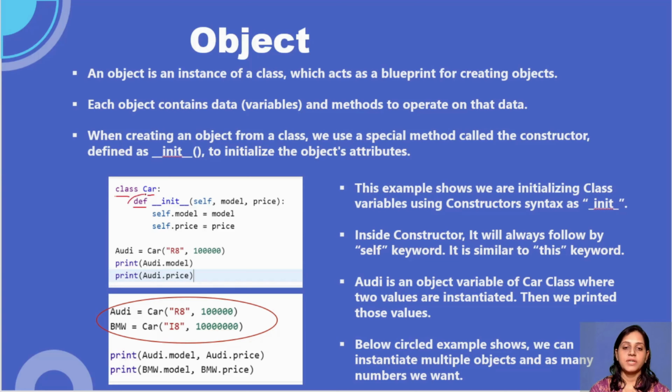This is nothing but our constructor, the part which I am telling about, right? If you want to instantiate with the help of a constructor, you can write it this way. Else you can just simply create these variables.